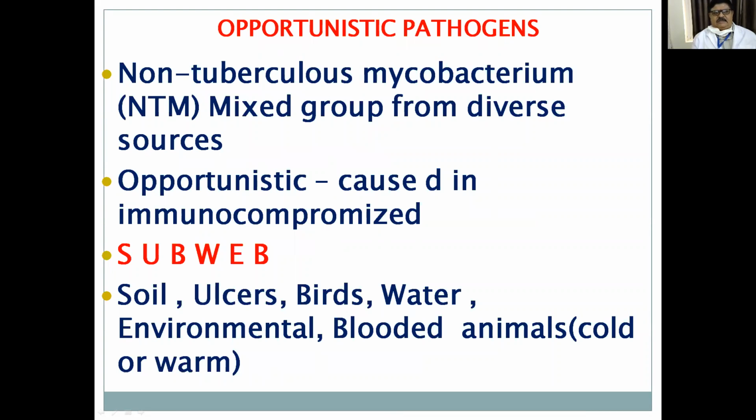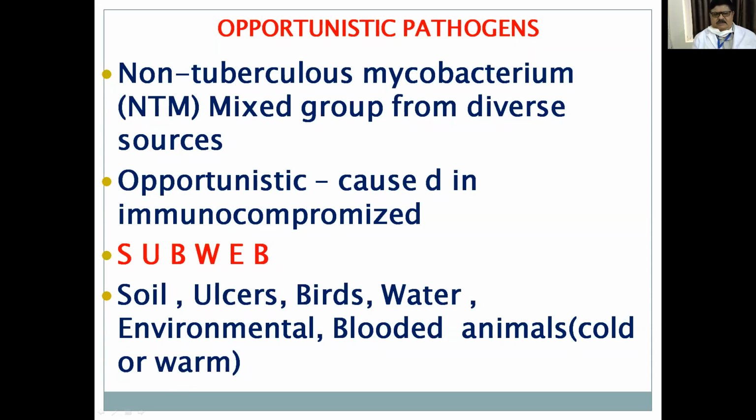Coming to opportunistic pathogens, non-tuberculous Mycobacteria, NTM, there's a mixed group. And what are the sources? I have a small mnemonic, SWAB, you are all familiar. We are all having web classes, web seminars. SWAB, subject microbiology.